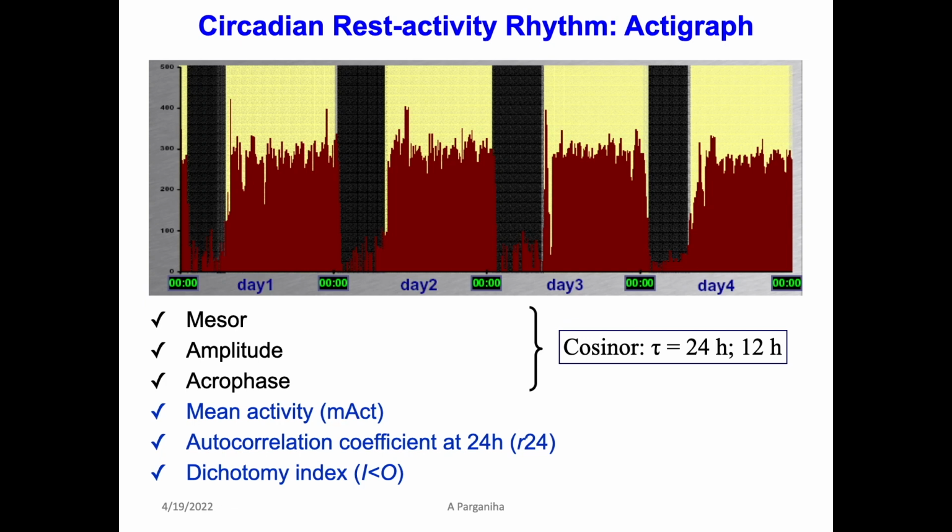We need to validate this profile using some statistical technique, with which we can determine rhythm parameters such as mesor, amplitude, acrophase, mean activity, autocorrelation coefficient, and dichotomy index. By using all these rhythm parameters, we can know whether the rest activity rhythm is robust and persistent, or whether there is some alteration.